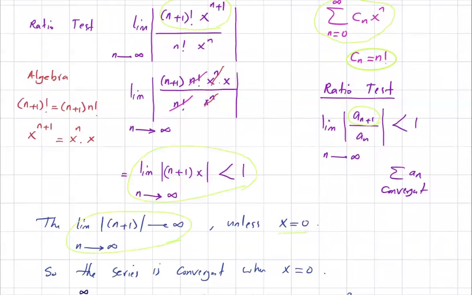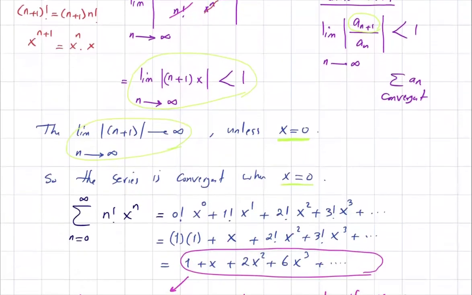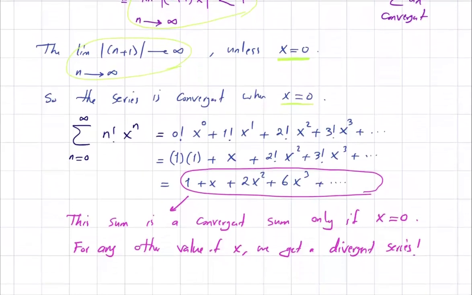Your only choice is to have x be equal to 0. So this series is convergent only if x is equal to 0. We can write the series in expanded form as well and analyze its behavior, which is 1 plus x plus 2x squared plus 6x cubed and so on.